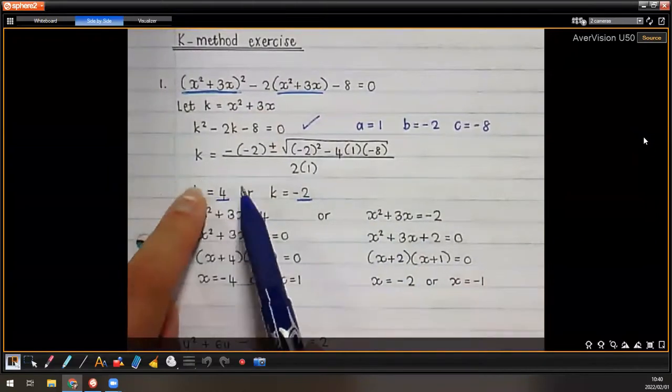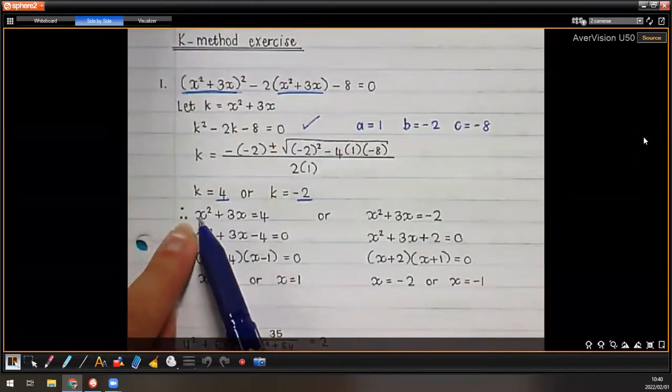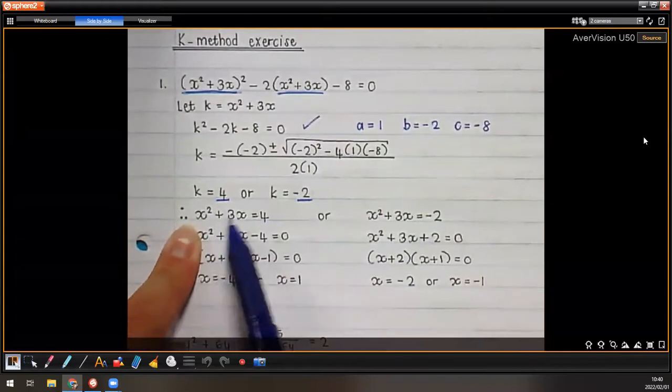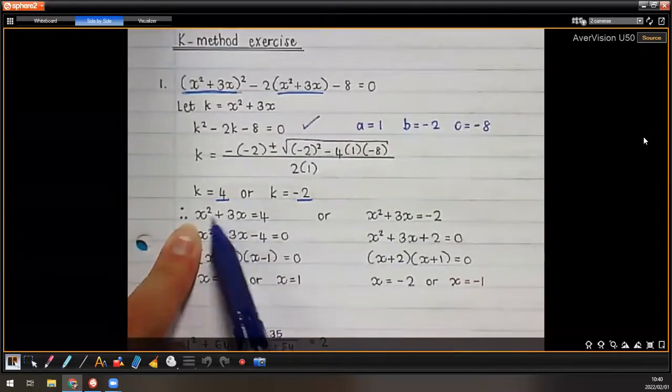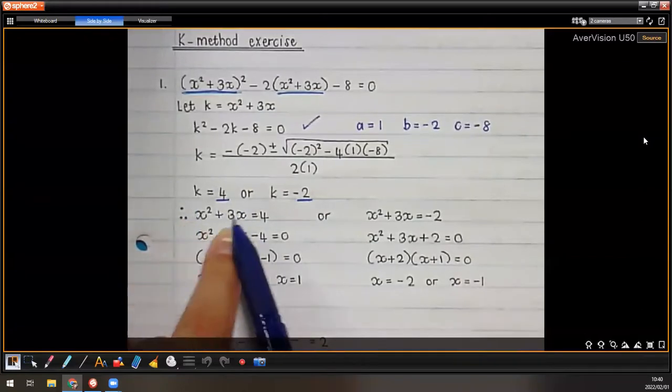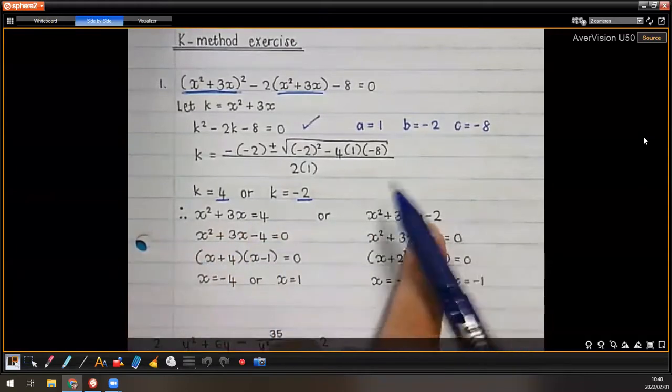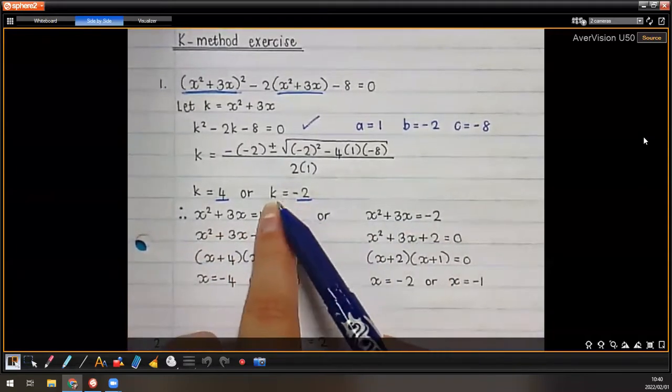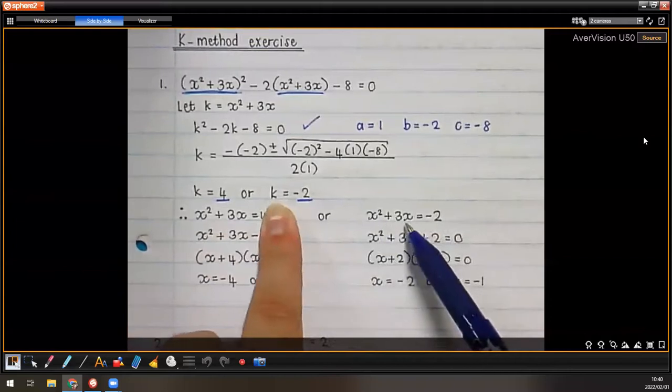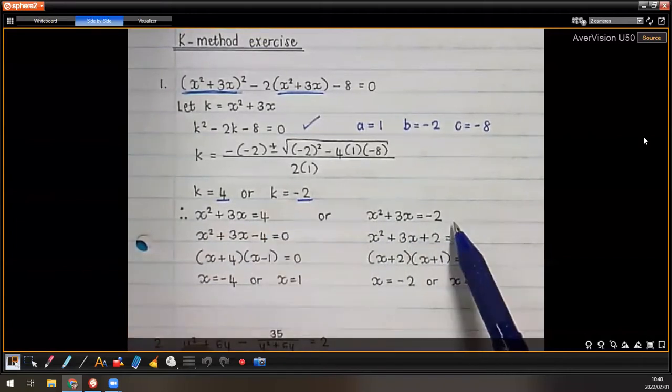So here we have k equals 4, but k is actually the repeated expression, x squared plus 3x. So you're just taking that equation and putting back the actual x squared plus 3x equals 4. On the other side, you put it back instead of k. What was k again? x squared plus 3x equals -3.